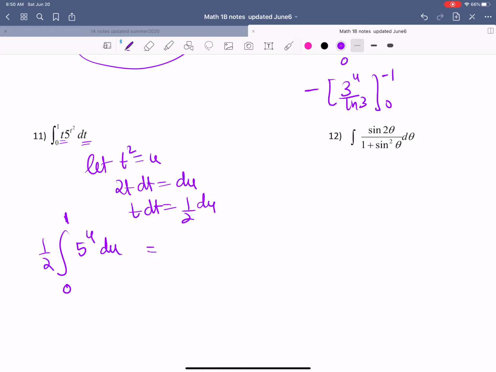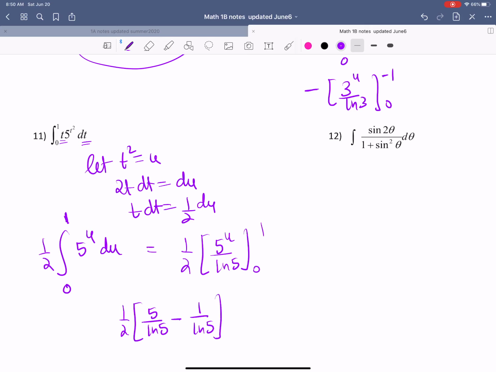So here we are, 1/2 times the integral of 5 to the u power, which is 5 to the u over natural log of 5, going from 0 to 1. 1/2 times 5 over natural log of 5 minus 5 to the 0 power, which is just 1 over natural log of 5. That is 1/2 times 4 over natural log of 5, which is 2 over natural log of 5.